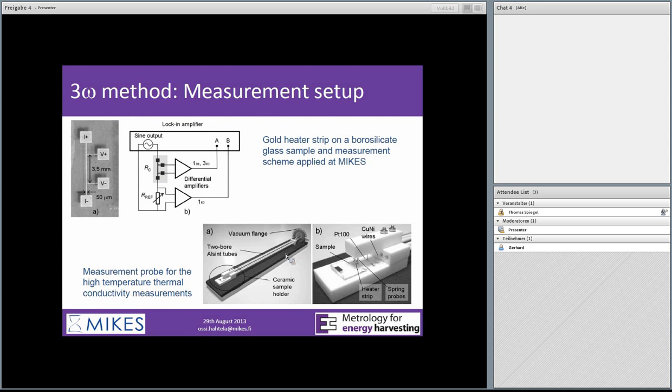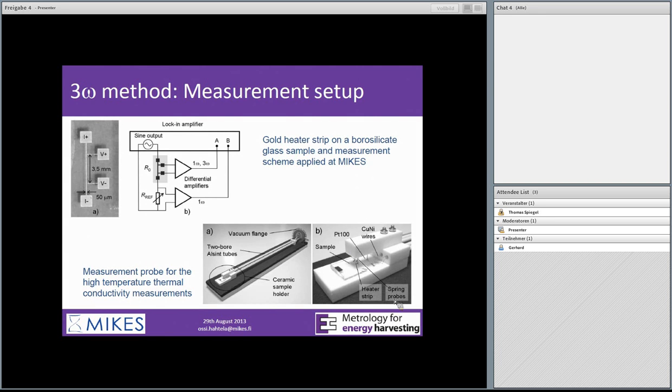Here's the measurement probe that was constructed for high temperature thermal conductivity measurements. Here you can see the sample, which is borosilicate glass in this case. The sample holder is made from machinable Macor ceramic. Copper-nickel measurement wires are guided through a vacuum flange and through alumina tubes.